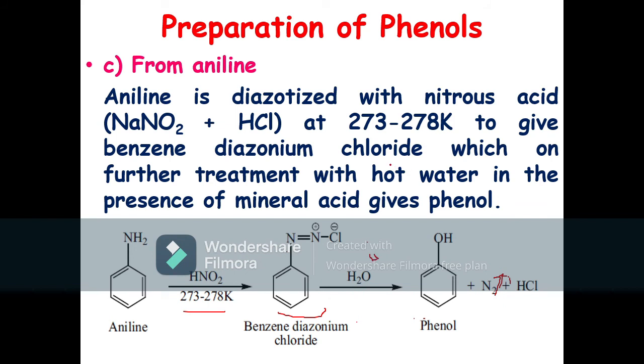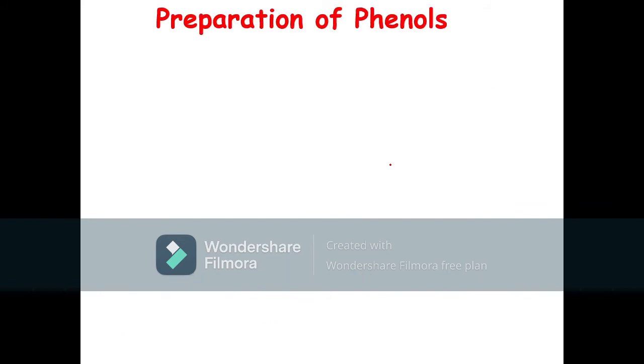So next, let us discuss the next method for preparation of phenol. Phenol can be prepared from cumene. Here we are taking a mixture of benzene and propene in a closed vessel and heated at 523 Kelvin temperature.